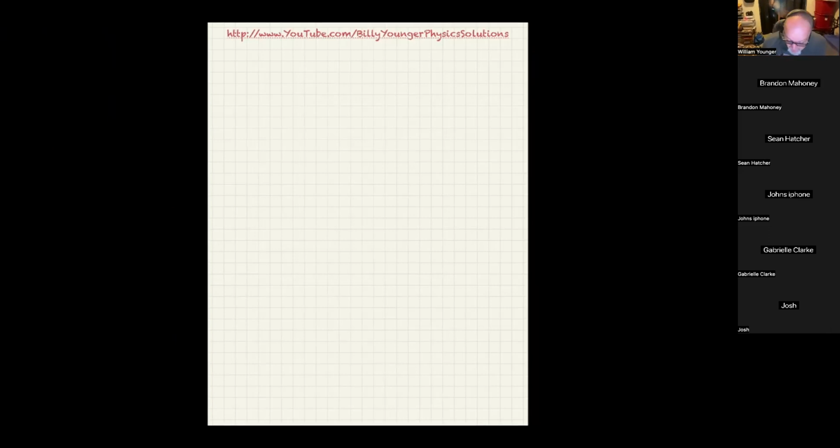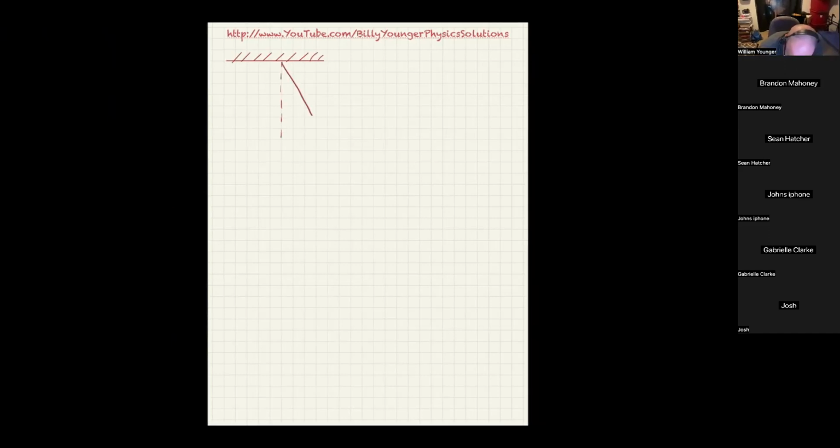But what I want to do now is talk about a simple pendulum. So if we imagine a simple pendulum, a simple pendulum is basically a ceiling. And what we're going to do is imagine that there is a vertical line here.